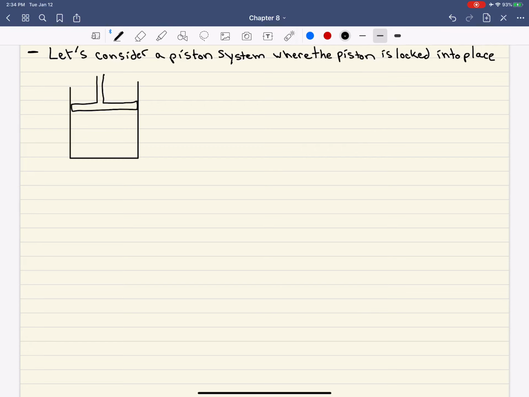Our system, which could be a gas or even a liquid, is just some sort of fluid underneath the piston. And the position of the piston is stuck into place with a lock. Okay? Because that piston is locked into place, the system has a constant volume.